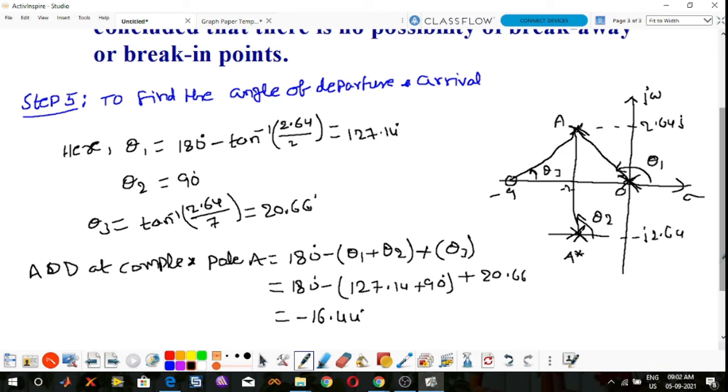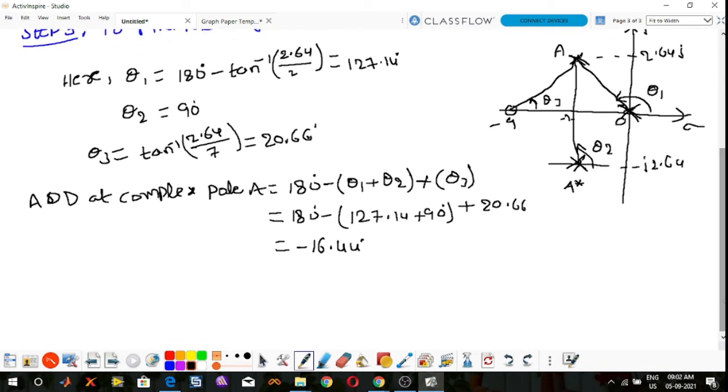Next, similarly calculate the angle of departure at the complex pole A conjugate. The angle of departure at pole A conjugate is equal to minus of the angle of departure at pole A. So what is the angle of departure at pole A?